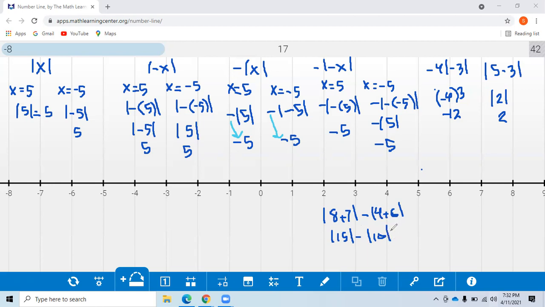And now I'm going to take the absolute values. The absolute value of 15 is 15 minus the absolute value of 10, which is 10. And my difference is 5.